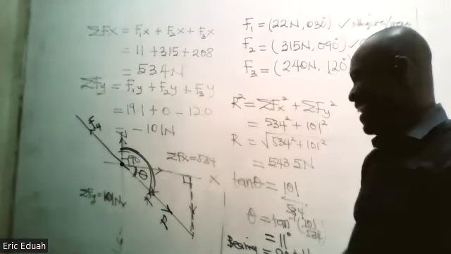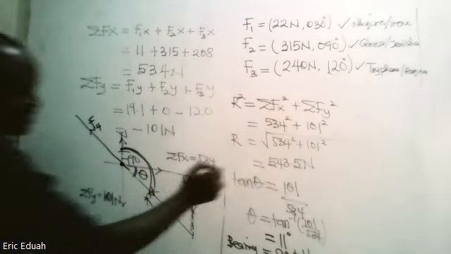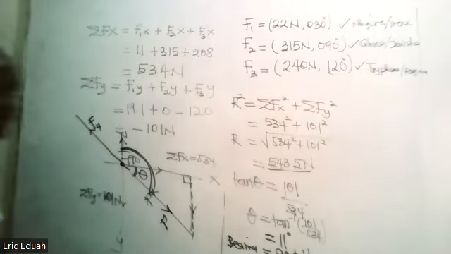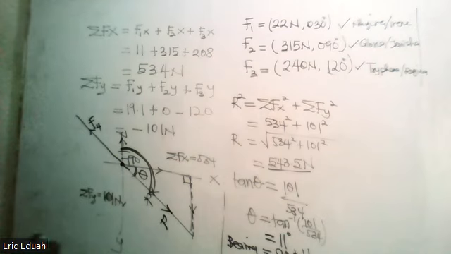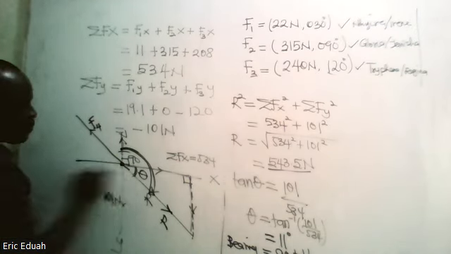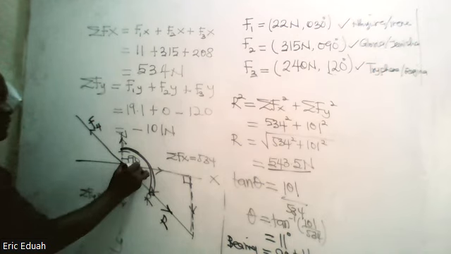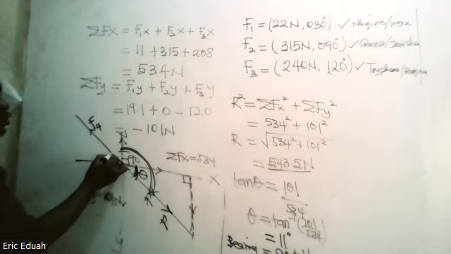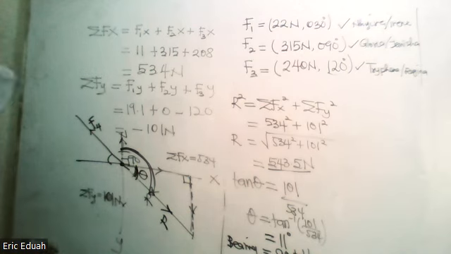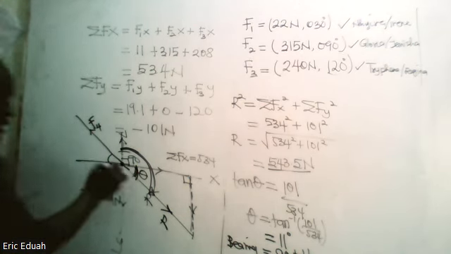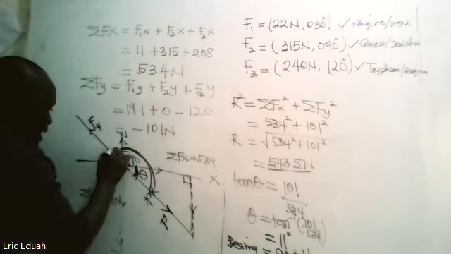Don't worry. Okay, so we have the magnitude. The magnitude of the equilibrium will be 543.5. But what about the direction? Let's see. If this is theta, this will also be theta. What's the reason for which this would also be theta?